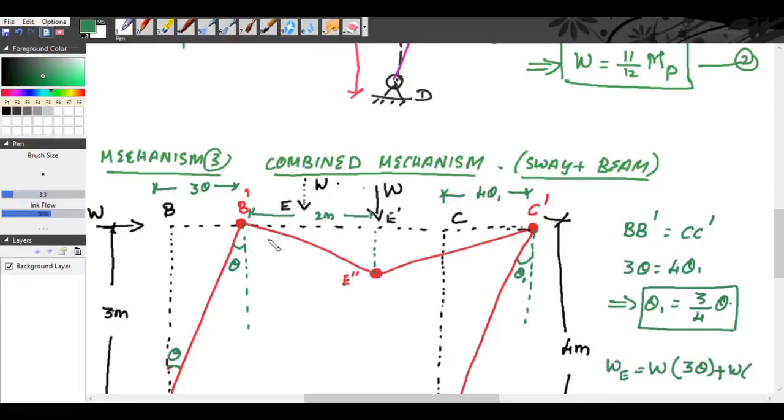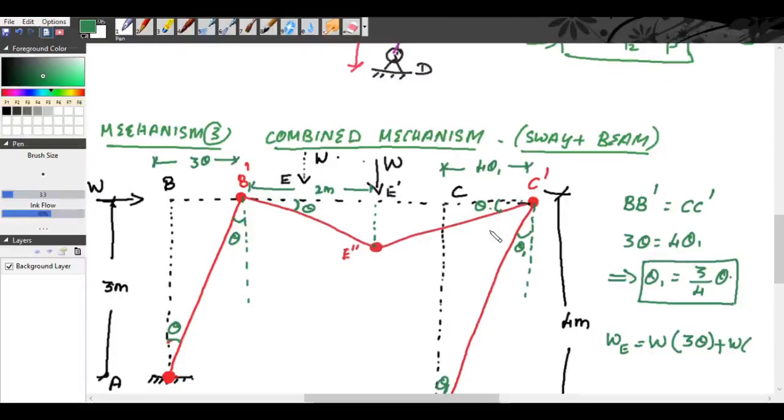Now this is theta, so this angle also will be equal to theta. Both these angles will be equal to theta. That is, for the beam mechanism, both of these angles will be same. See, this is shifted towards the right. The sway mechanism is happening because of this horizontal load.